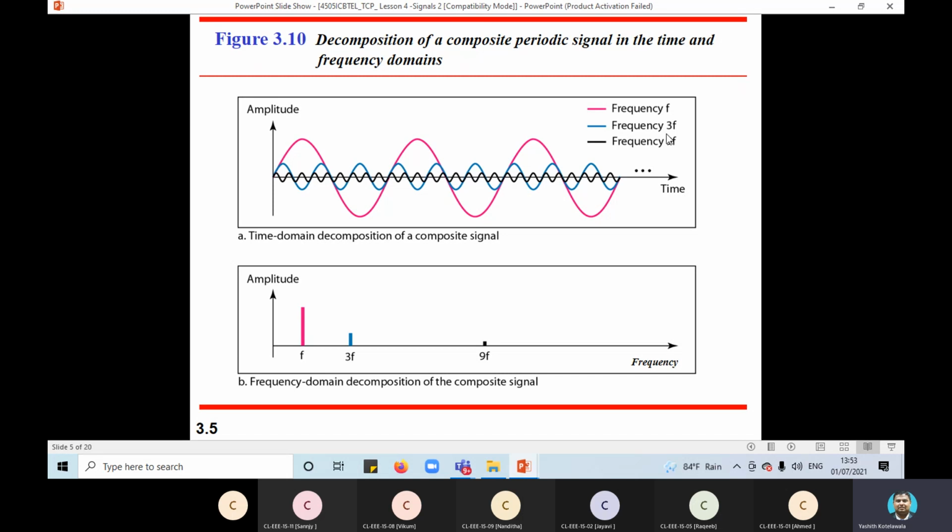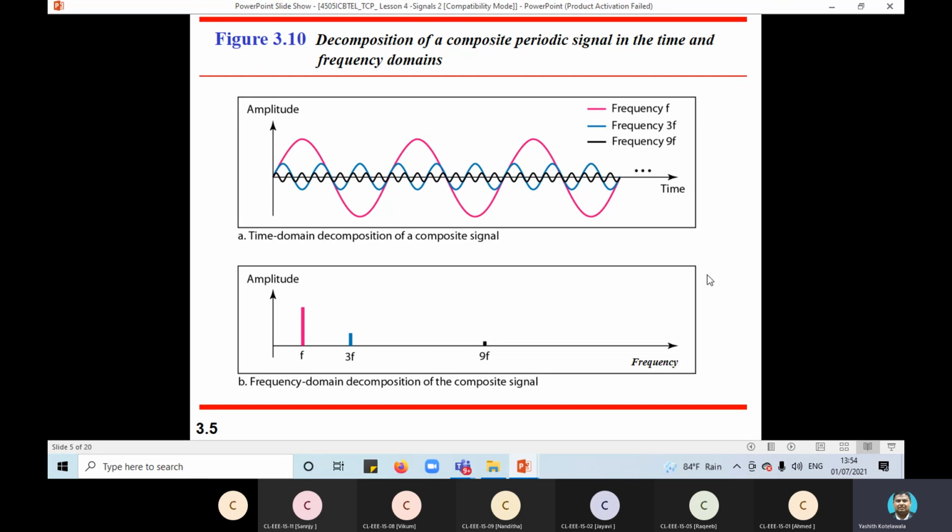So here, students, 3f, this blue color intermediate frequency, is based on f. f means the first frequency. The second one is 3 times the original frequency. The third wave is 9 times the original frequency.